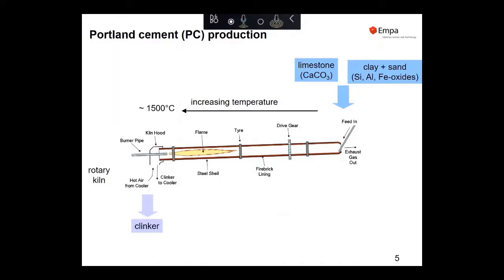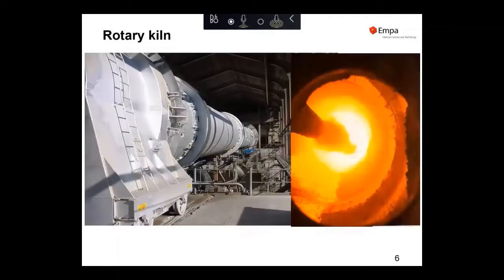If we speak about cement, then we first should think shortly about what is cement. Normally we speak about Portland cement. Portland cement is produced by burning limestone and clay or sand at around 1450 degrees Celsius. It's ground afterwards, and we add gypsum to obtain something like an ordinary Portland cement.